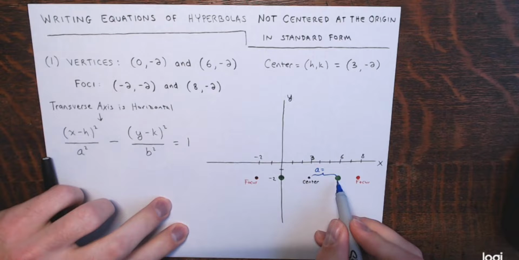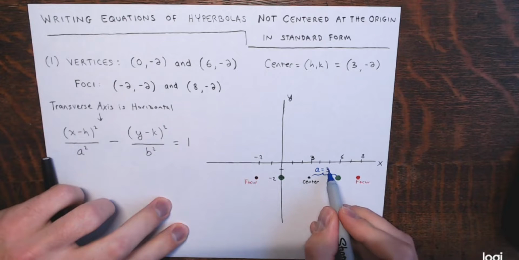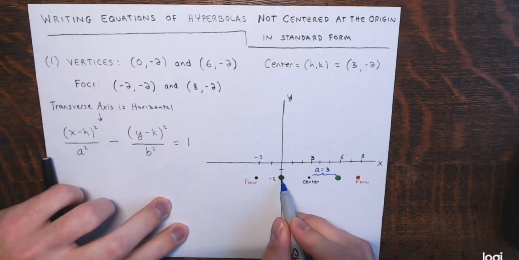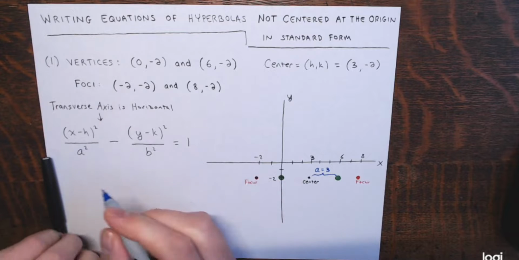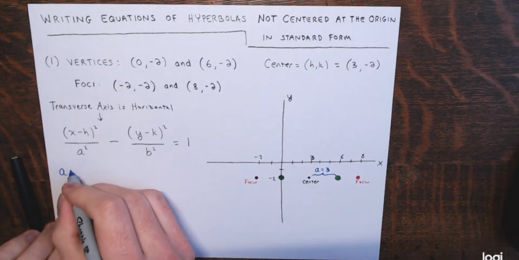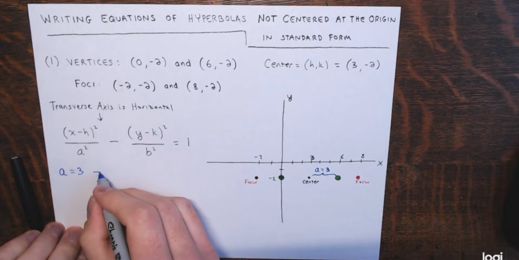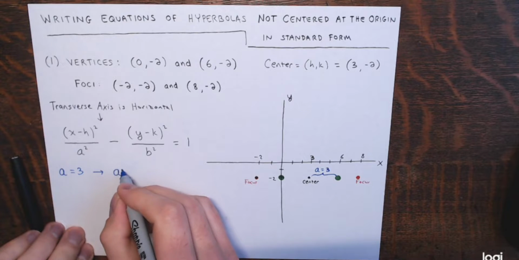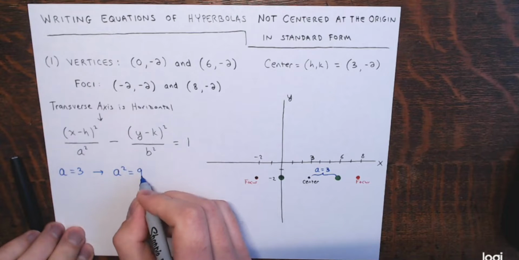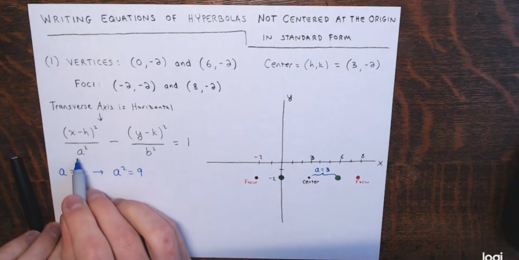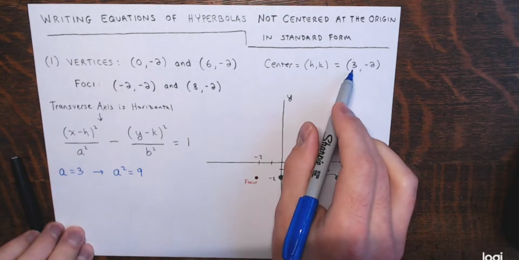That'd be 3 units. Or from 3, negative 2 to 0, negative 2, that's still 3 units. So the value of A is 3, meaning that A squared is 9. And that's going to be the denominator under the x minus h squared term, or x minus 3 squared, because h is 3.